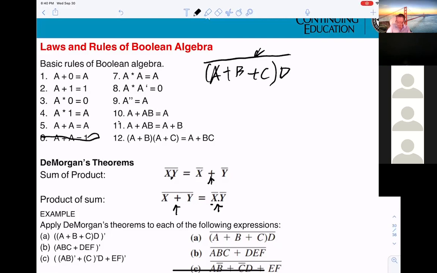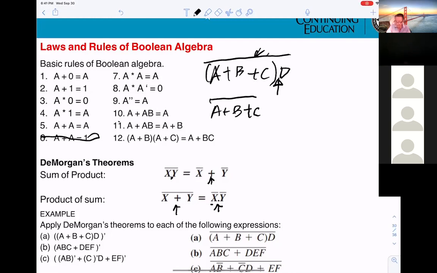First thing you want to do is break that one first. That means you can see you get A or B or C, and with D. So I break that first, so you can see A or B or C, and this will be the bar over.